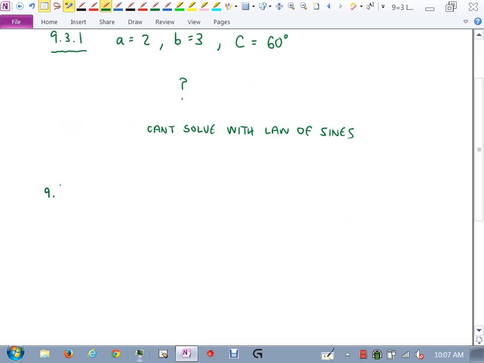It's one of those formulas that I will allow you to write on your formula sheet. Law of sines, I would expect you to memorize, but I let you write things on one sheet for the test. So you can put law of cosines and sines on there, but I recommend you just memorize law of sines. It's a simple ratio. If you can just remember that, you'll be good.